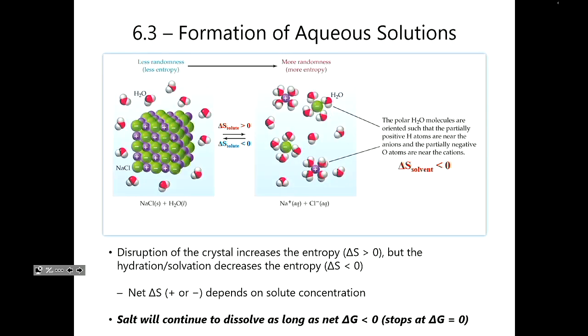Now, you also need to consider entropy, because as I've mentioned, entropy is in fact an enormous driving force for things to happen or not happen. So when you're considering entropy, you need to consider what happens to the solute and what happens to the solvent independently. And here's the thing. They go in opposite directions. Because if you consider what's happening with, let's say, a little sample of sodium chloride.